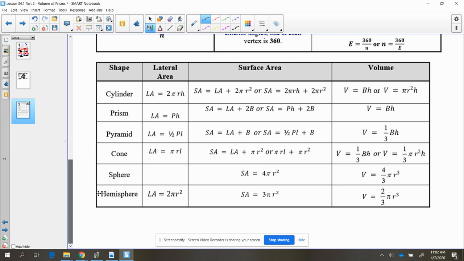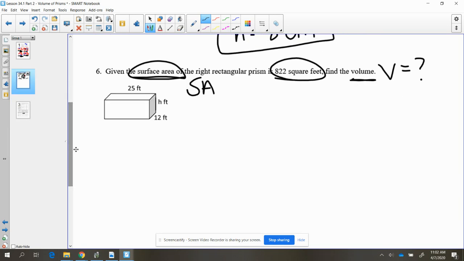Now, if you look on the formula sheet that you have here, and we go back to surface area, a reminder, one of the formulas we have for surface area is the perimeter of the base times the height plus 2 times the area of the base. So what we're going to have to do here is look at a couple of things. First off, we are going to look at the perimeter of the base. If we choose to make the base this piece here, notice this 12 is going to be the side length on both pieces.